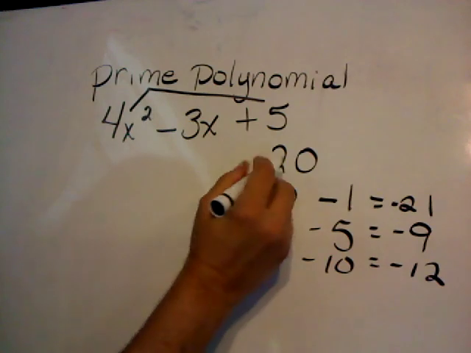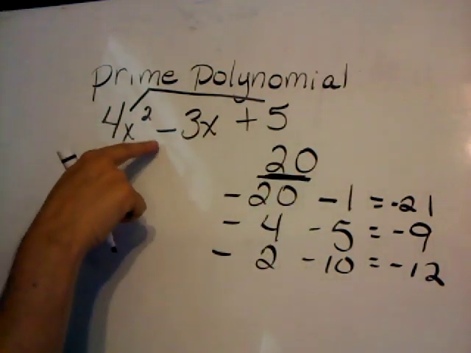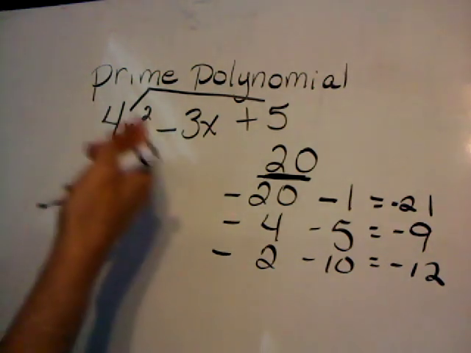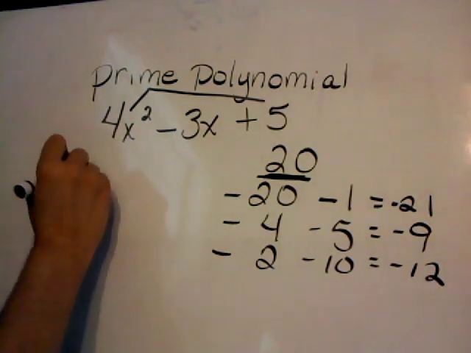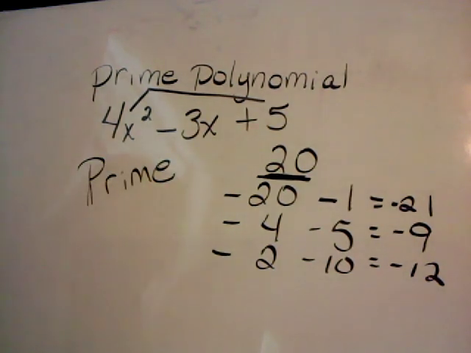So if I have exhausted all of my factors for 20, and I have not found a factor that will work for my polynomial, the polynomial is considered a prime polynomial. So this polynomial is prime. It cannot be factored. It is in the lowest form that it can go.